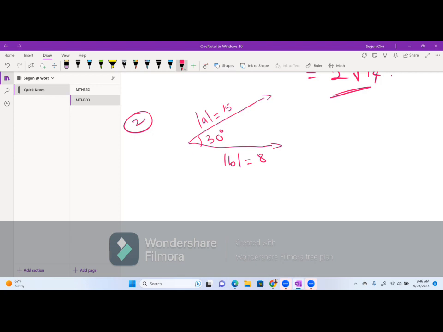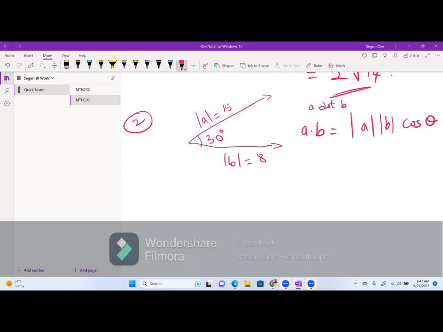We have the formula that says A dot B is the magnitude of A multiplied by the magnitude of B times cos theta.